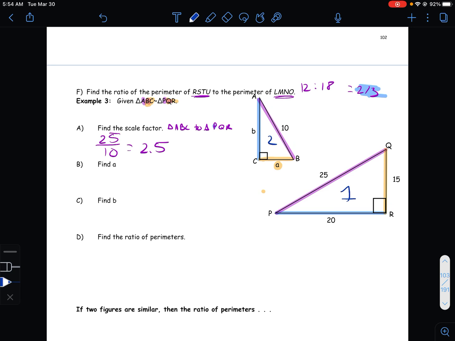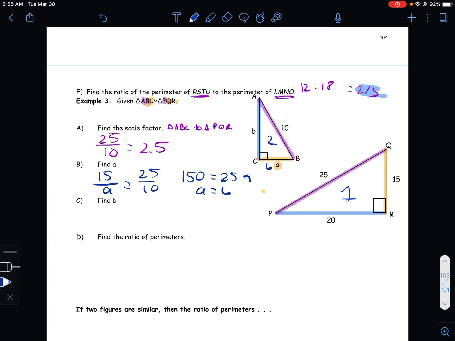And we'll do 15 over A equals, and then we have to pick a side that has both the actual numbers. So we'll do the purple side. So we'll do 25 over 10. And we're going to cross multiply, so we get 150 equals 25A. And that's going to give us 6. All right, so we know that this guy is 6.